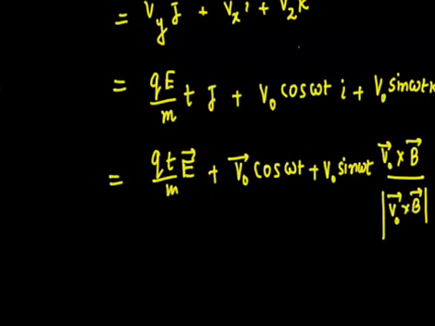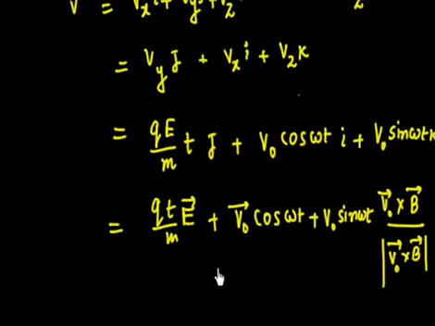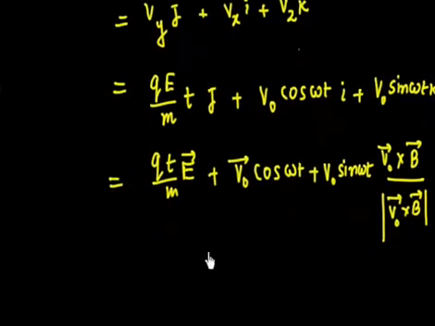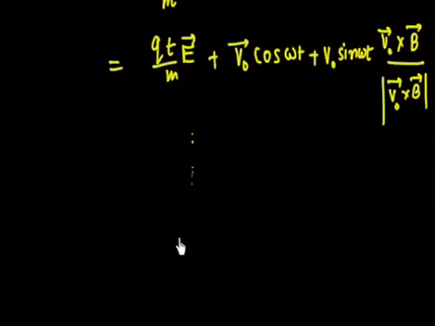Basically you can do this problem by writing the equations of motion and then solving the differential equations for the x, y, z directions, but that will be a tedious task. It's a good idea to see the overall motion.